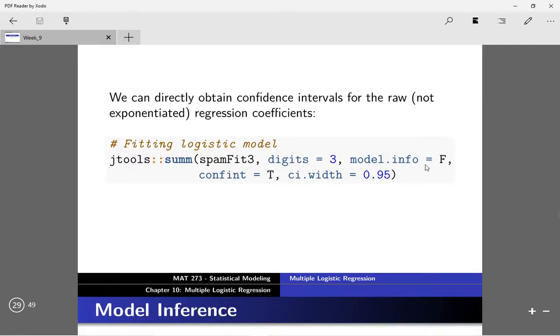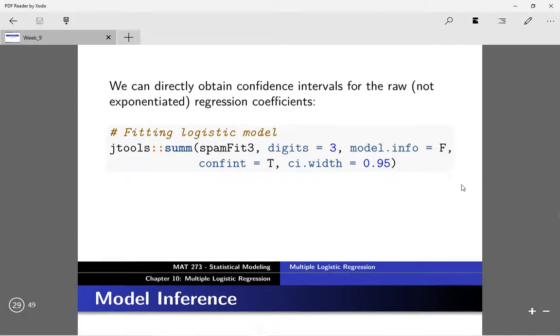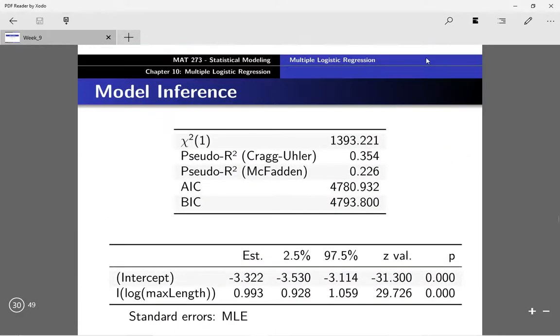Okay, and then this model.info equals false. It just gave a lot of output that wouldn't fit on the slide, so I suppressed extra output because we're just interested in these confidence intervals mostly for now. So looking at the regression output here, just as a quick reminder from last video, we were modeling the probability of an email being spam using the longest, the number of characters in the longest all caps word in the email.